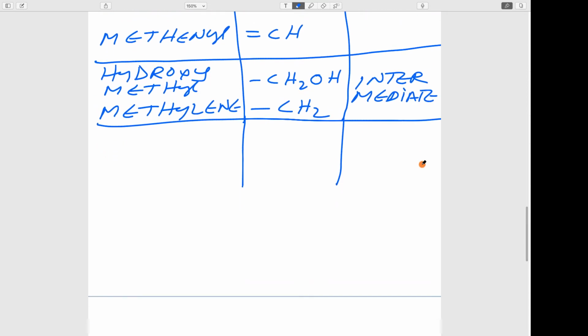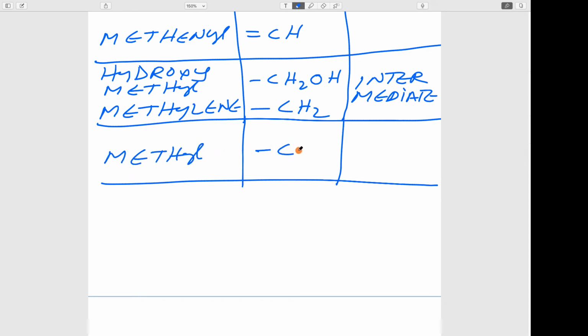Finally, the most reduced is methyl, CH3. Of course, there is another most reduced one, that is methane.